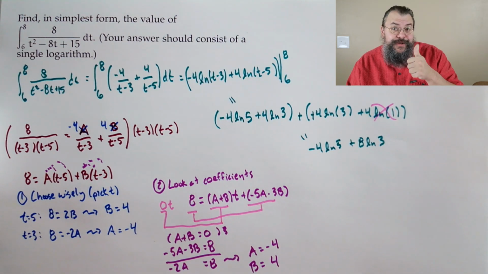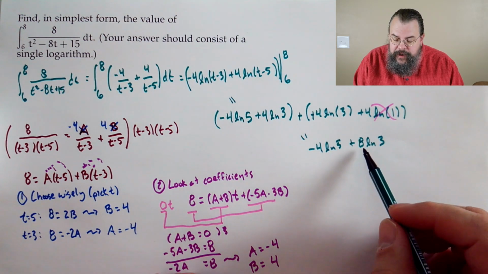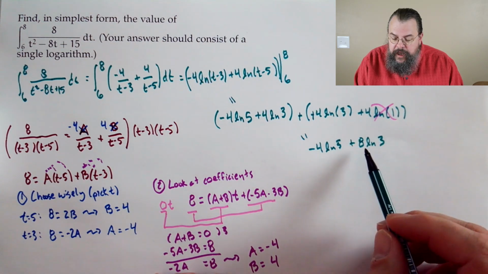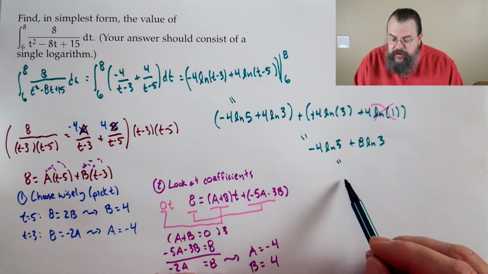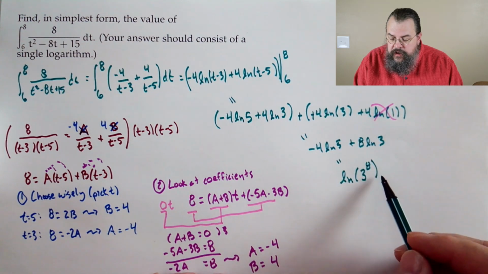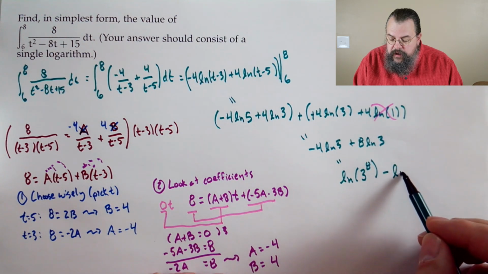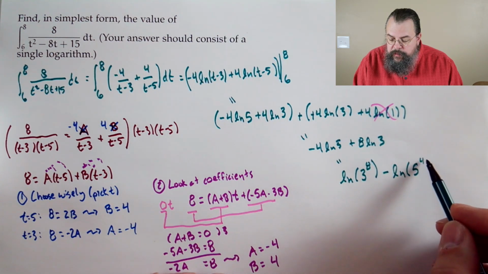Now it says we want to reduce to a single logarithm. So what can we do? Well, now we can use properties of logs. The fact that we have a constant in front says 8 log 3, I can think of as log of 3 to the 8th power, and minus 4 log 5, I can think of as log of 5 to the 4th power.